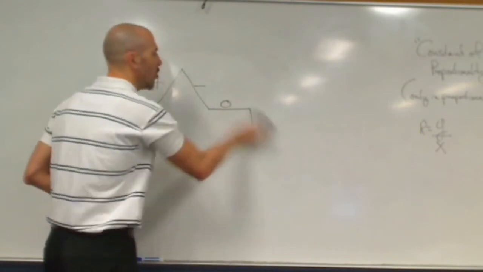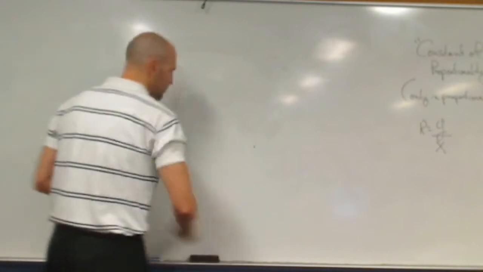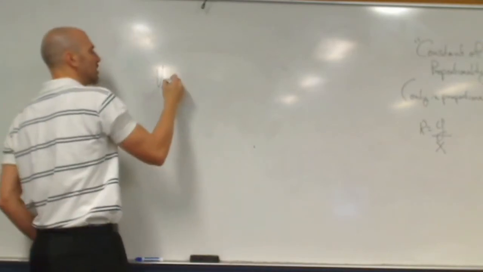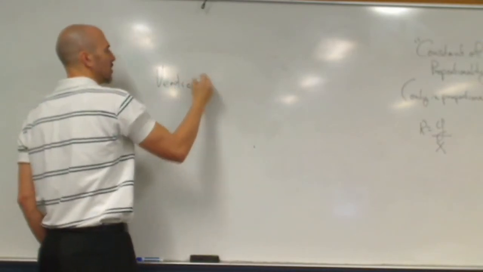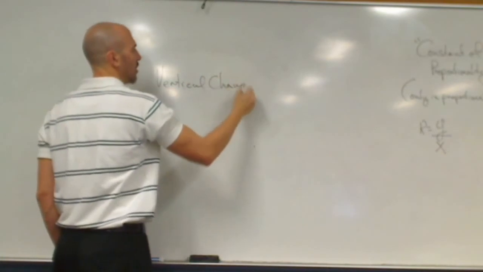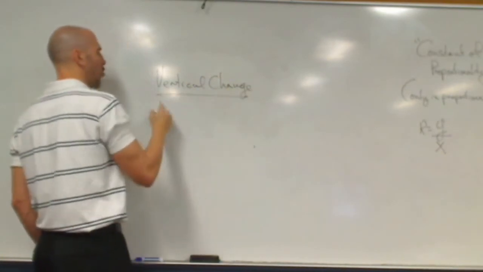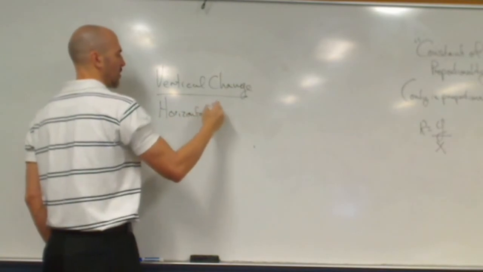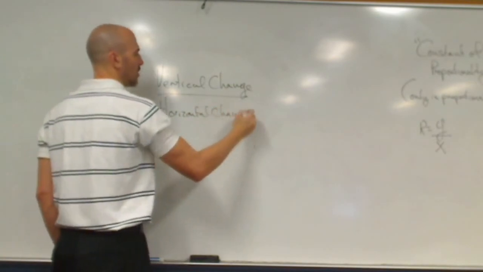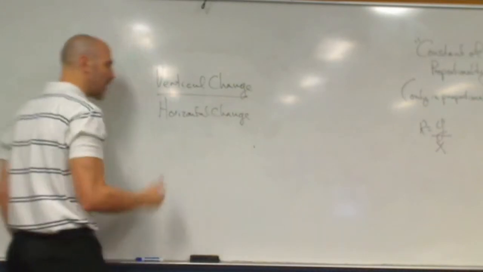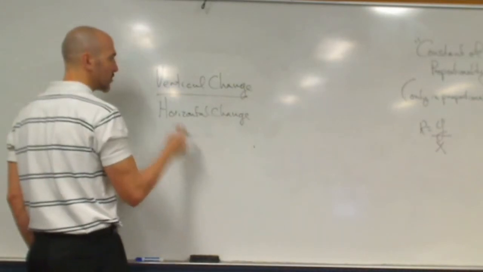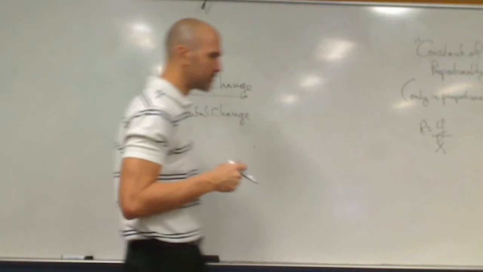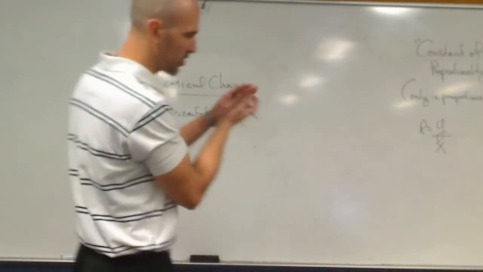Okay, so what is slope? Slope is the vertical change divided by the horizontal change. So algebraically, it's going to look like this. You're going to subtract the y's, which is your vertical.